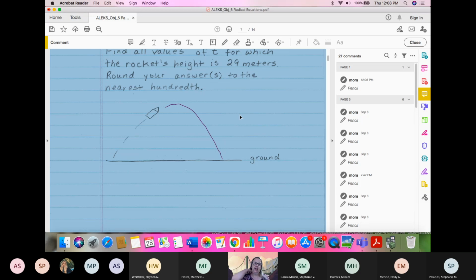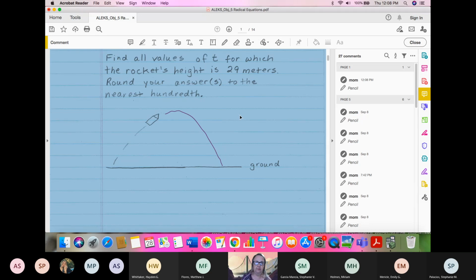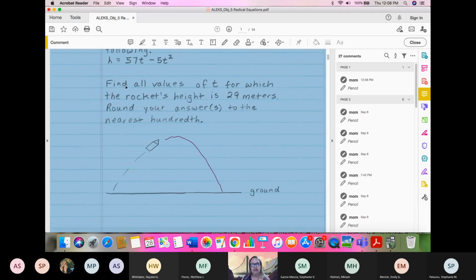So chances are good, when it says to find all values of t for which the rocket's height is 29 meters, chances are very good that that rocket is going to go through 29 meters how many times?